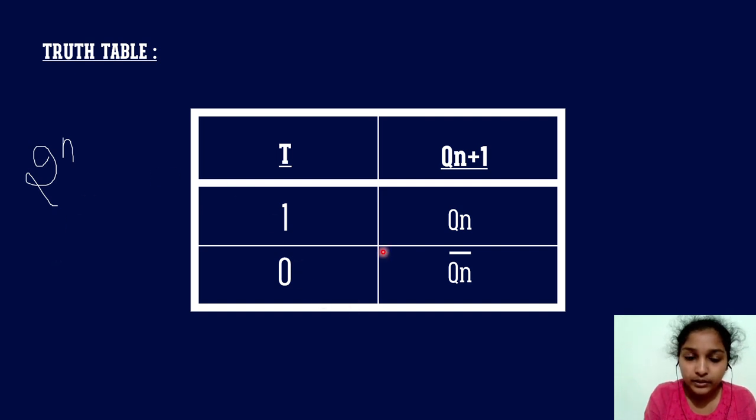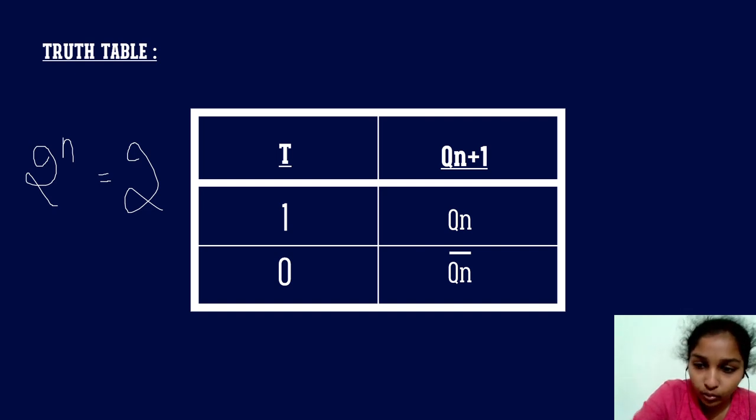Since there is only one single input, let us see what are the possible cases. We get two cases, 0 and 1.